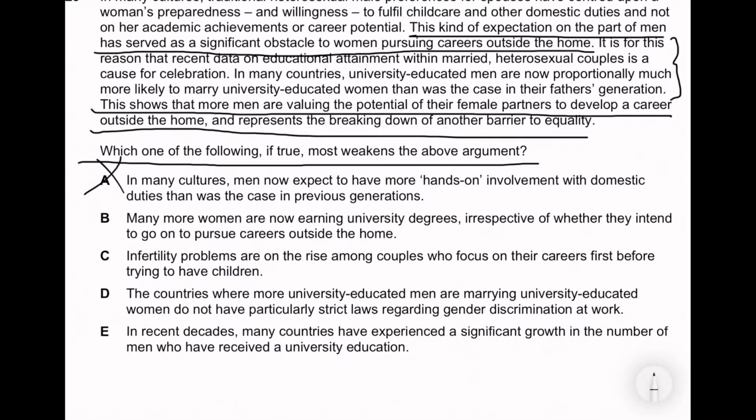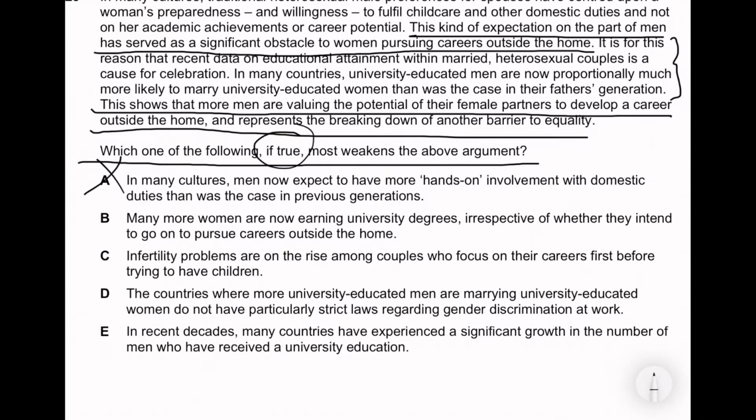They could get the university degree and they could go back to working as a housewife and having children. Again, take your personal opinions out of this. This is a passage in the TSA, right? We're concerned about assuming that these things are true. It says if true, and we're not interested in your personal opinion on this matter. So this sounds like a very strong argument because it really undermines what is said here, right?